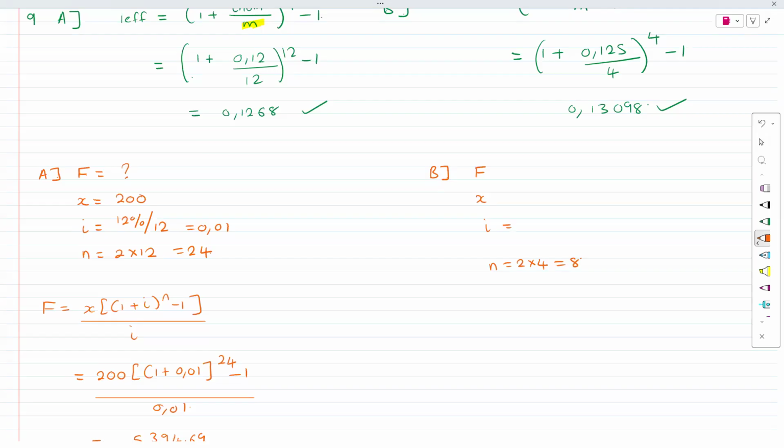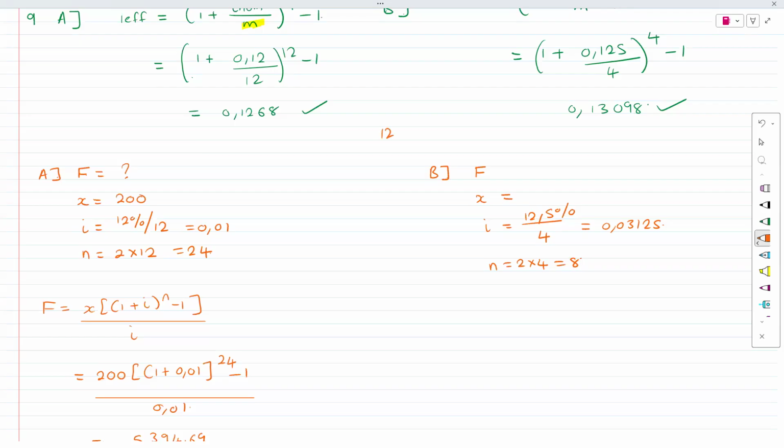I is 12.5% divided by 4, and that equals 0.03125. And X. Now, guys, she is putting away in a quarterly payment.